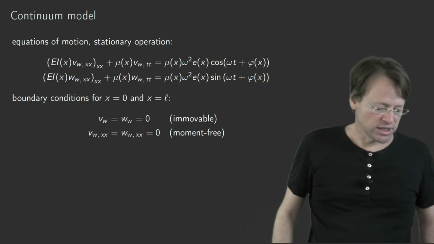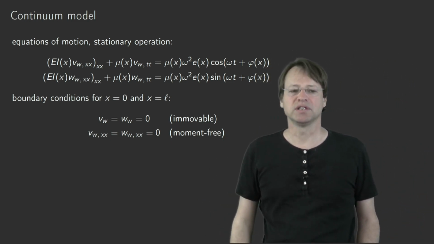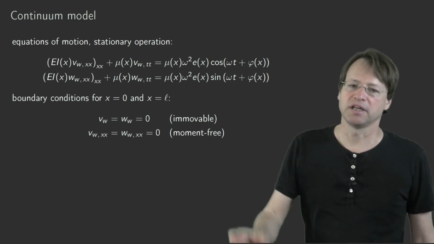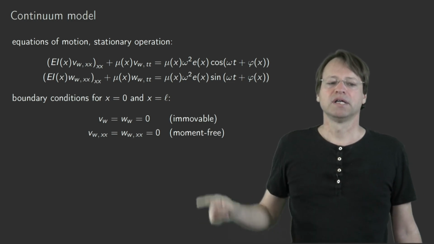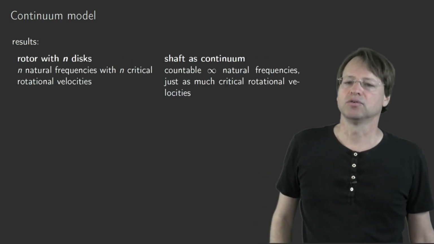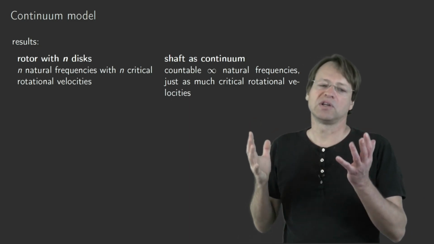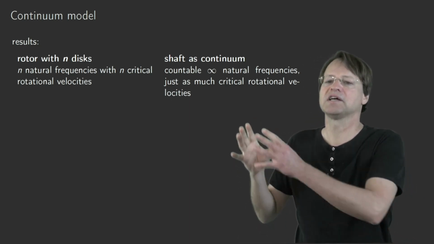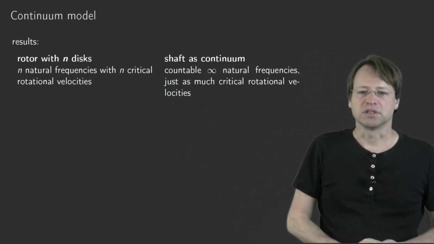So let me just give some analogy to conclude here. For the results that you obtain for a classical Jeffcott rotor, for the multi-disc rotor, and then for a continuum rotor. So first of all, if we look at the classical situation, you would encounter natural frequencies for the rotor with a disc.